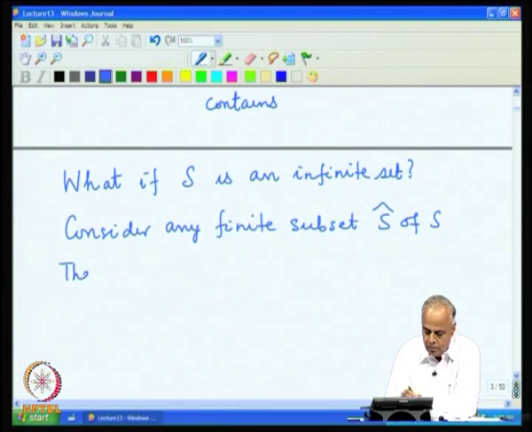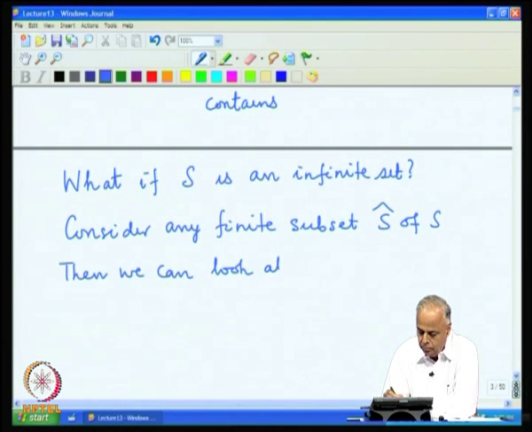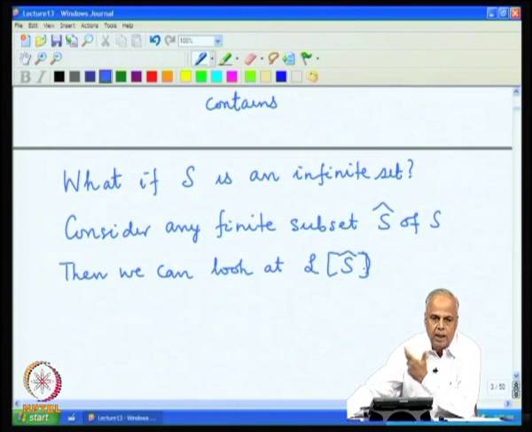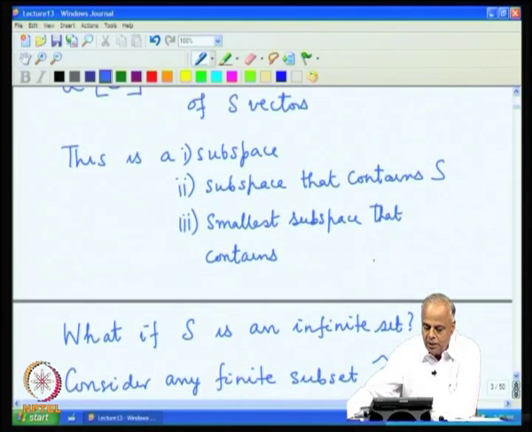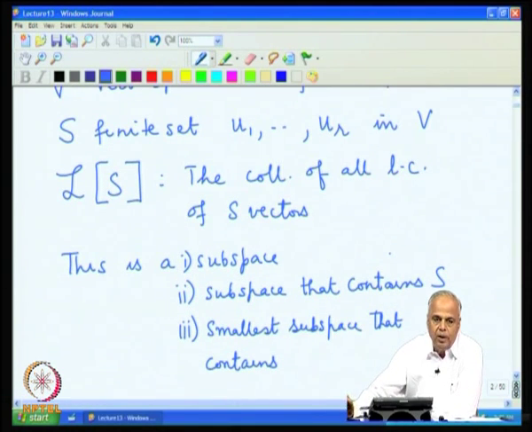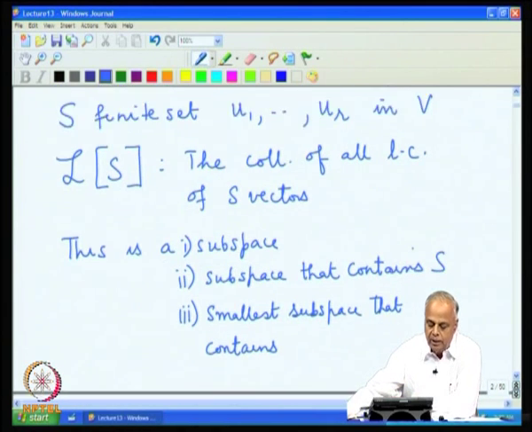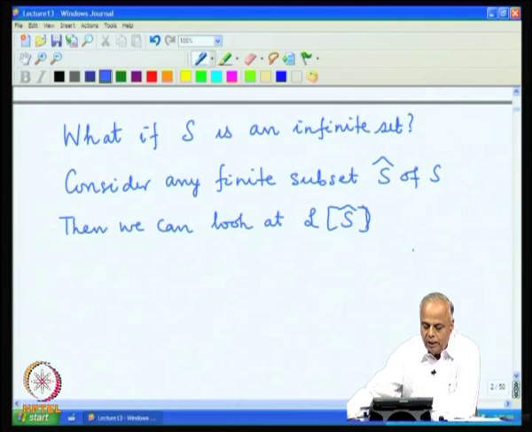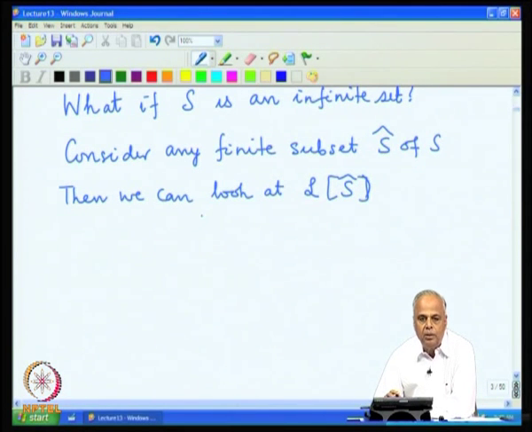Then we can look at L(S hat), which is the subspace spanned by S hat, which is the collection of all linear combinations of the set S hat, because we have already seen above that the moment you are given a finite set S, we can talk about L(S) as the collection of all finite linear combinations. So, given an infinite set S, we look at one particular finite subset and we can talk about the subspace spanned by it, L(S hat).